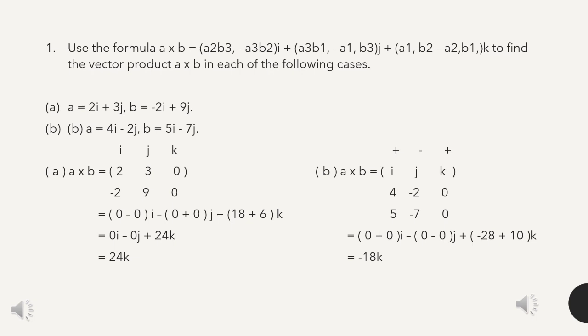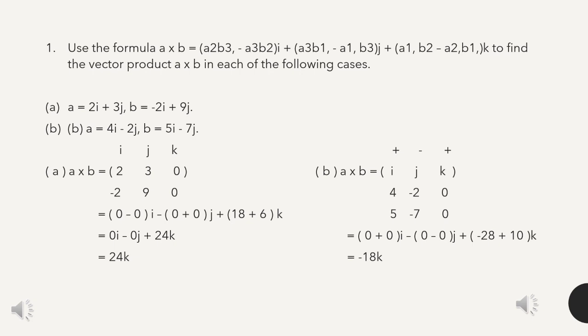Okay, next we close the row of J and we have 2 times 0 is 0 and negative 2 times 0 is 0 and negative is positive.